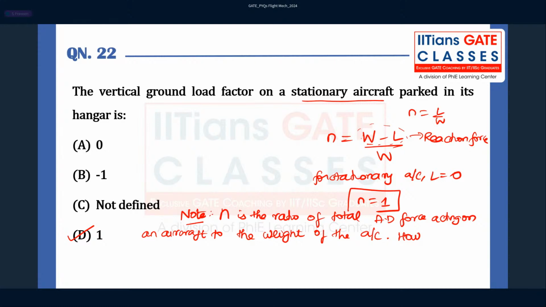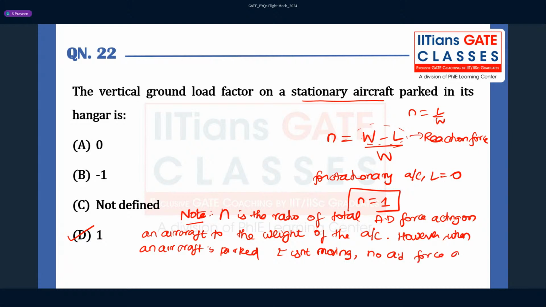However, for an aircraft that is parked and isn't moving, no aerodynamic force acts. Okay, so this is the thing. So I have to remember this, right? Okay. So if no doubts, then let me go to the next question.